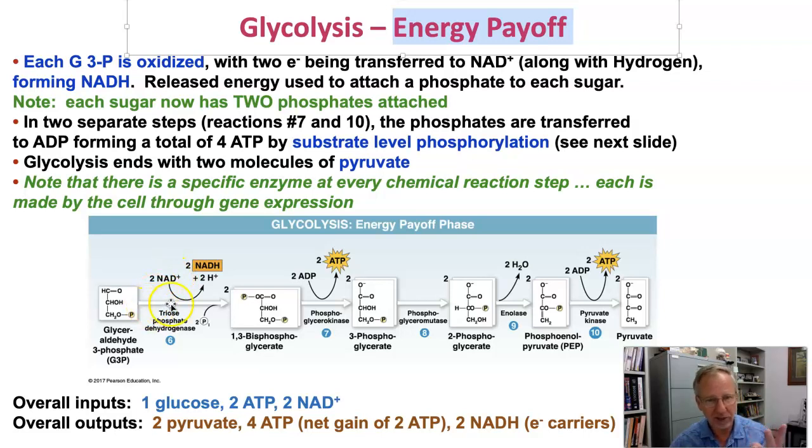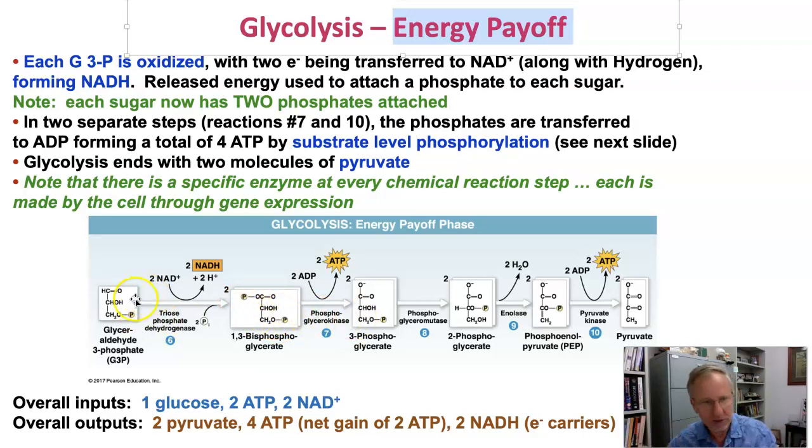And 2 electrons and a hydrogen are removed from that G3P and given to the NAD, and it turns into NADH, pops out of the enzyme, and is now shuttling and carrying those electrons and hydrogen to where they need to go. There's a phosphate group that's pulled out of the cytosol, and it attaches to this G3P molecule. And now we have 2 phosphates attached to that molecule. Okay, and we go on from here.